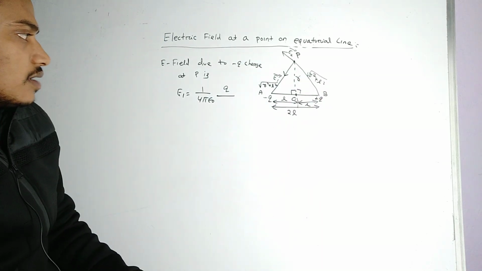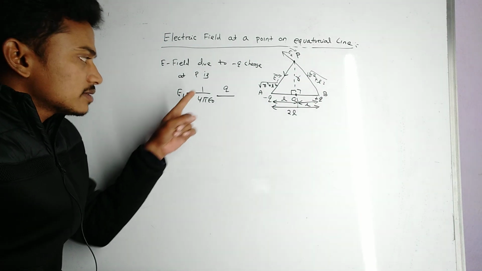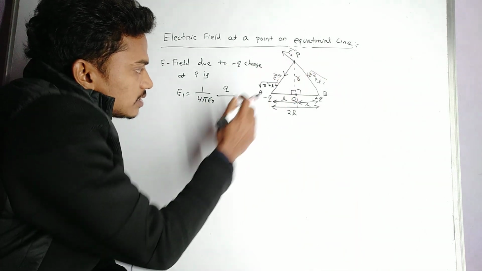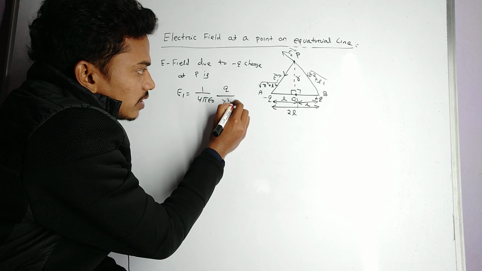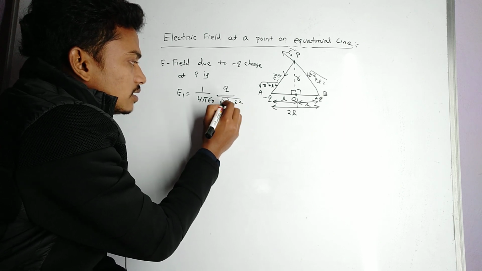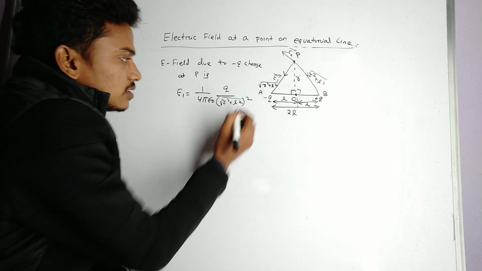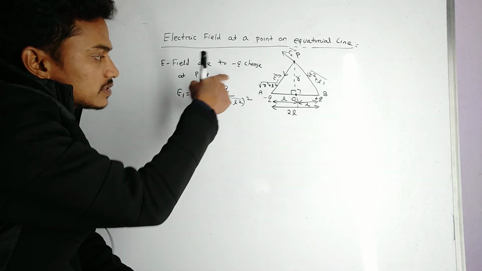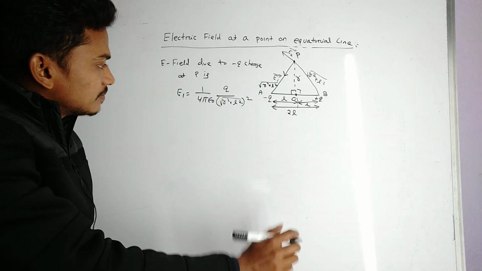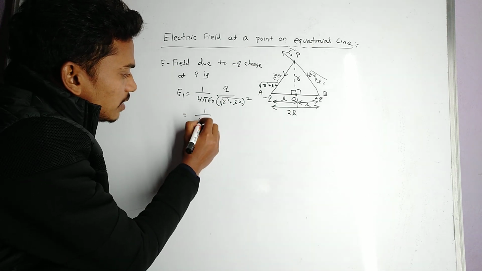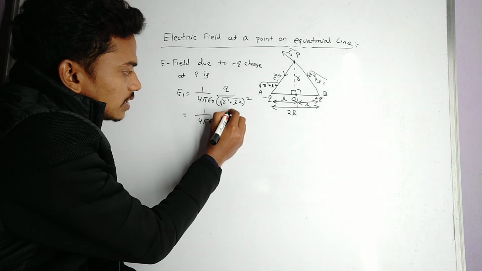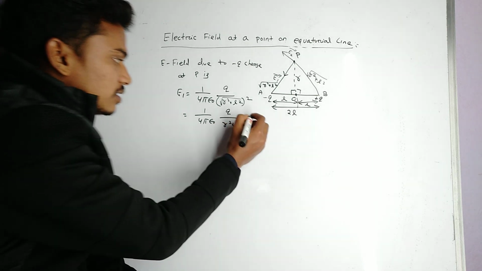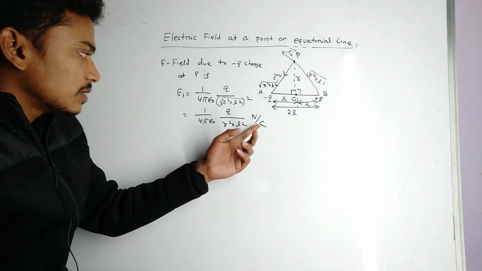So E1 equals 1 by 4 pi epsilon naught, q by r square plus L square. This is in Newton per coulomb, the unit of electric field.